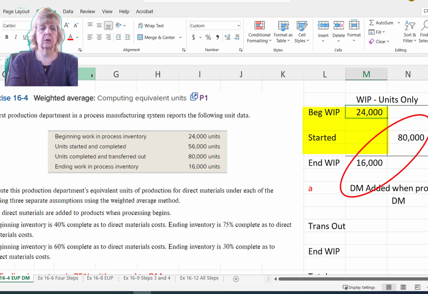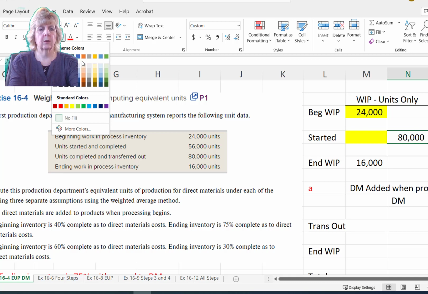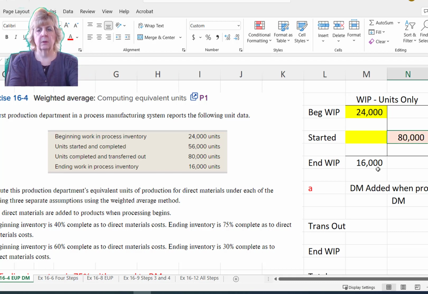So I'm going to use color to help you visualize what's going on. The sum of the yellow items must equal the sum of the orange items. That equality will exist each and every time. So if we saw 96,000 units either transferred out or remaining in ending WIP, that means the sum of these 2 must also equal 96,000.